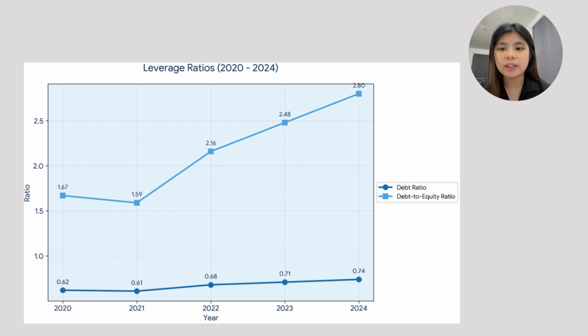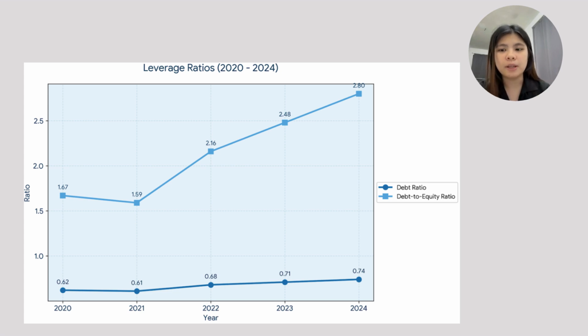Now, let's look at the leverage ratio, which shows how much debt the company used to fund its operation. If you check the table, there is a very clear upward trend over the last 5 years. Specifically, the debt ratio increased from 0.62 in 2020 to 0.74 in 2024.